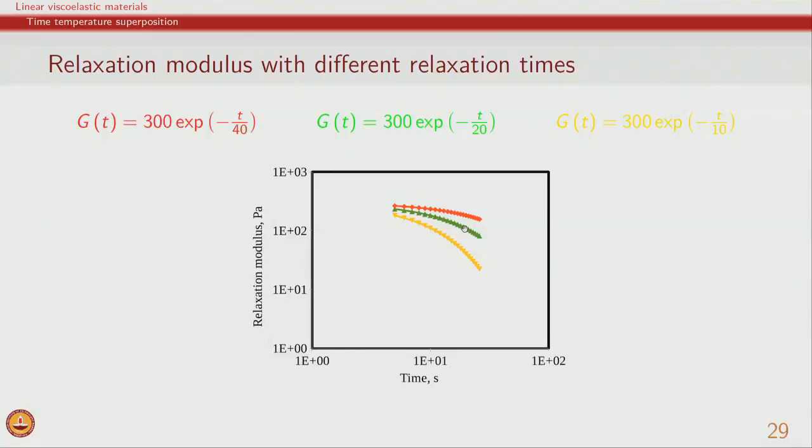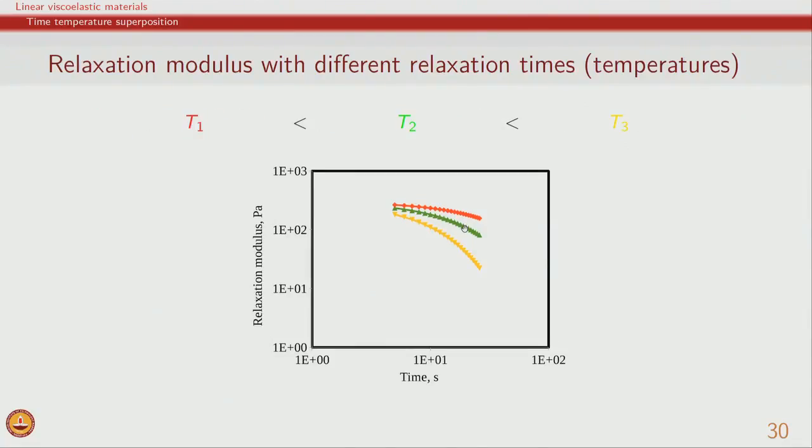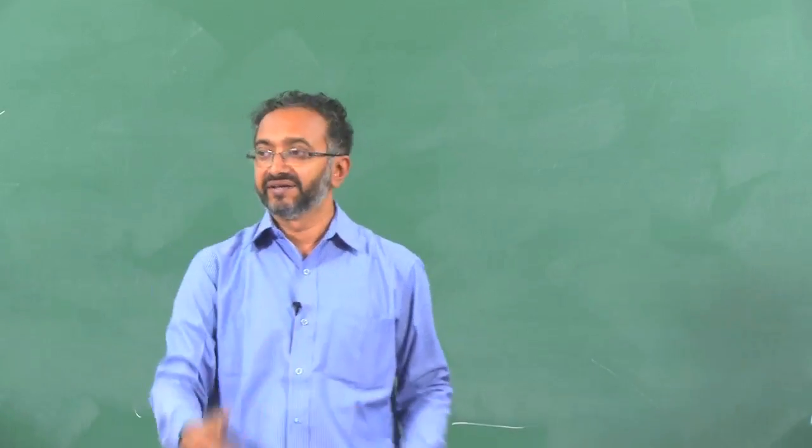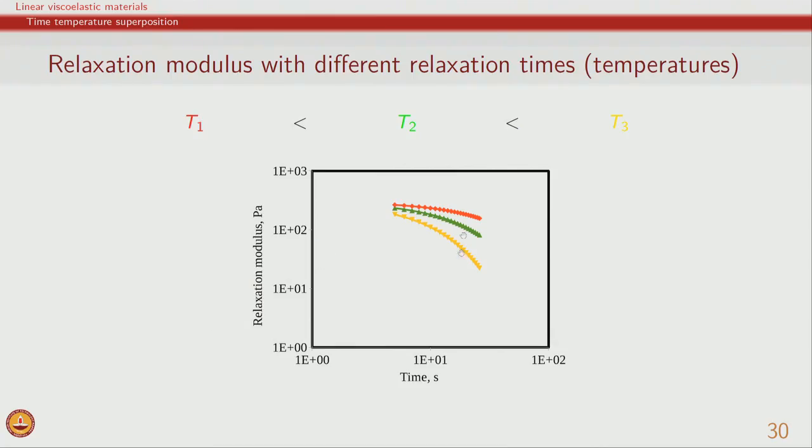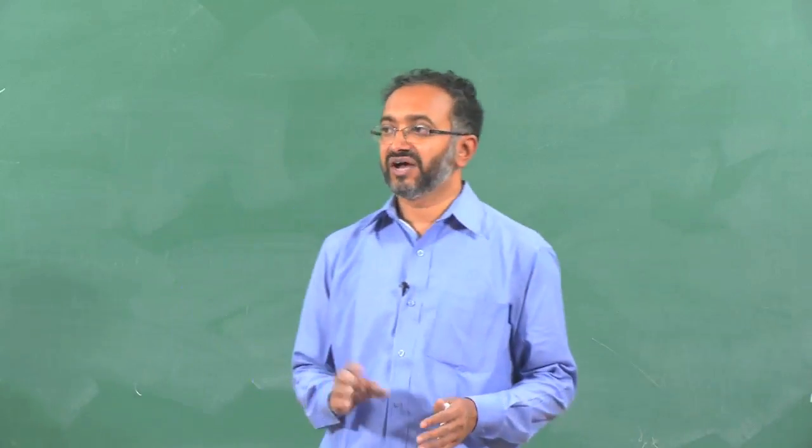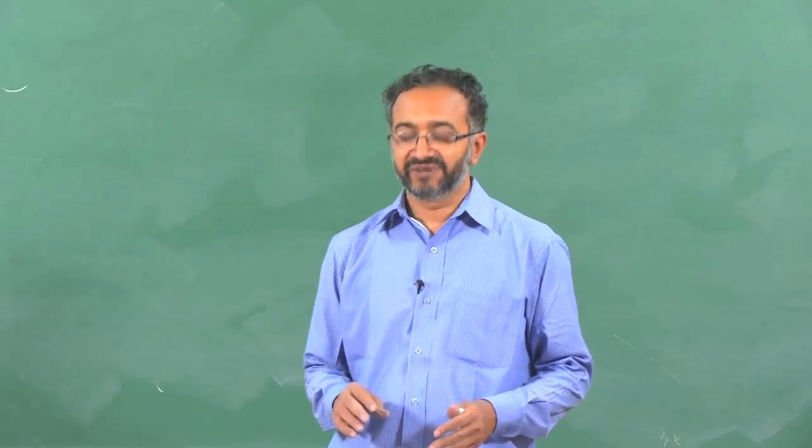So, if each of these were with 3 different temperatures, then the green one would be the middle temperature and the red one would be the lower temperature, because that is where the material is taking much longer to relax, it is much more solid like, while the yellow curve at temperature T3 is at very high temperature, because the material is relaxing somewhat quickly. And of course, the extremes are that a perfectly solid material has no relaxation, and a perfectly fluid material has instantaneous relaxation.